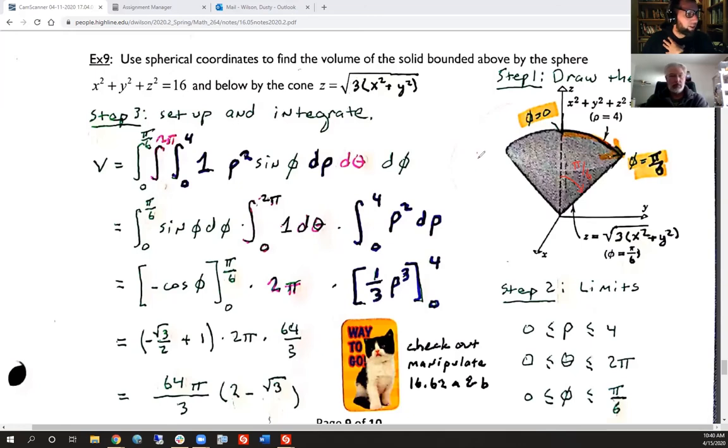So maybe if we looked at the ZY plane, you can see there's the shape like that. If we're on the ZY plane, what would be the equation of this curve, the top of the ice cream cone, when x equals 0? That would be y squared plus z squared equals 16.